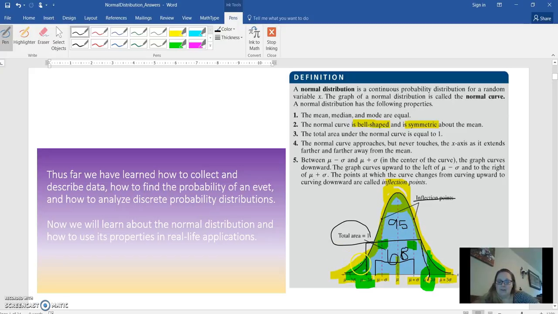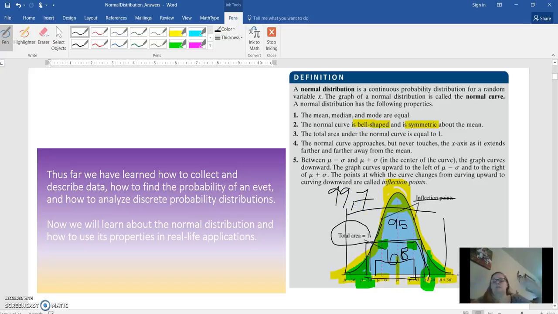When I talk about area, I'm just talking about that piece inside the curve. And then from here to here, that was 99.7. Those were the percentages I asked you to learn.